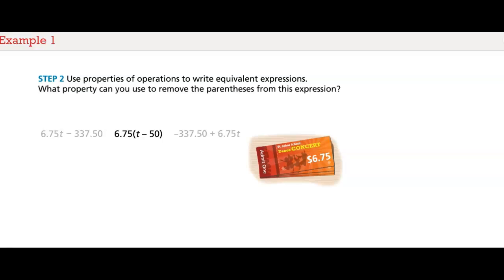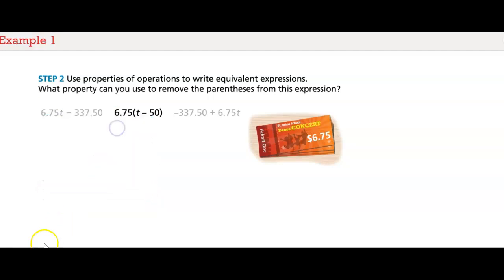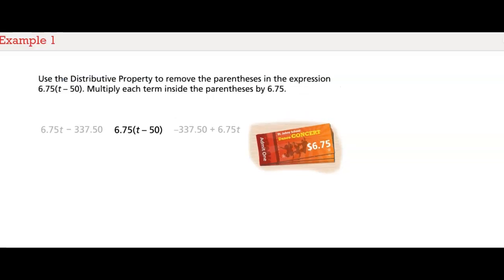What property can you use to remove the parentheses from this expression? Select your answer. Use the distributive property to remove the parentheses.